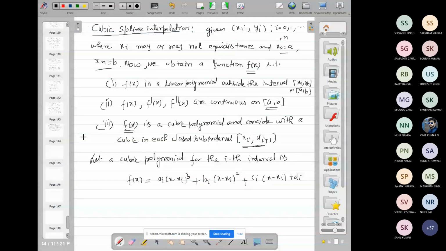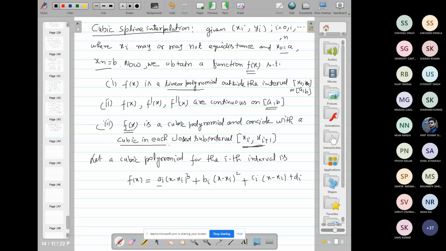So here we assume that this is a cubic polynomial, and we need to determine this polynomial for the given data. Outside the interval f(x) is a linear polynomial, but inside the interval it is cubic.